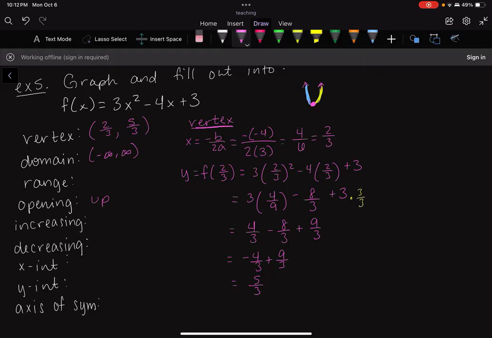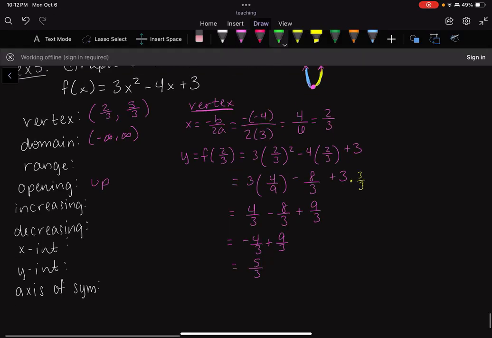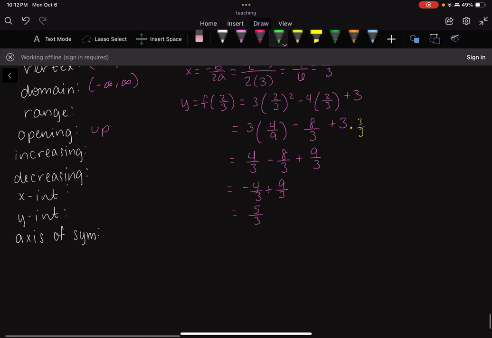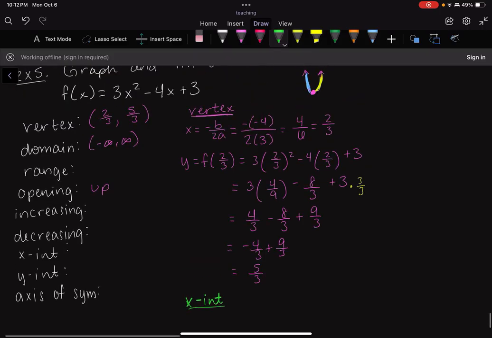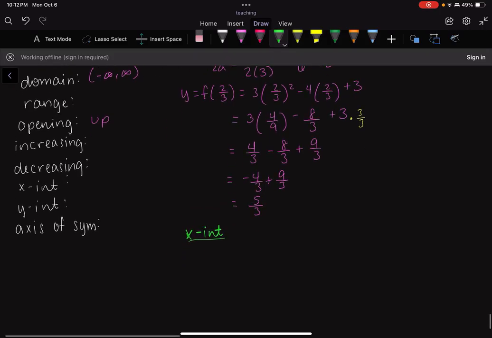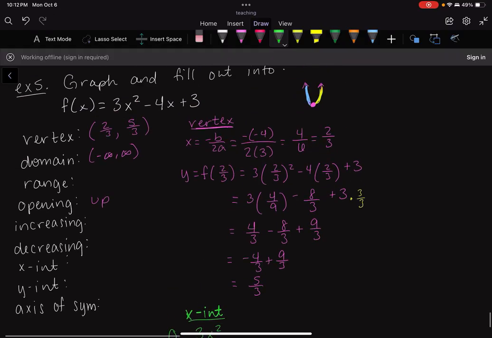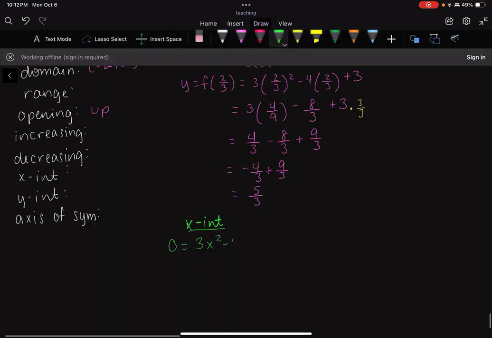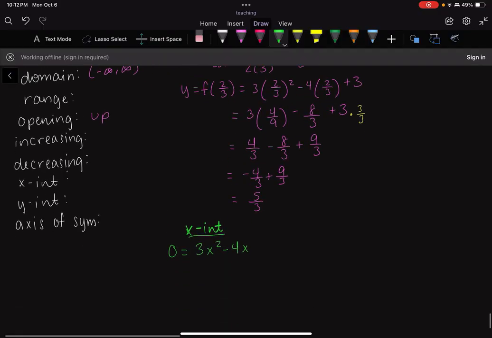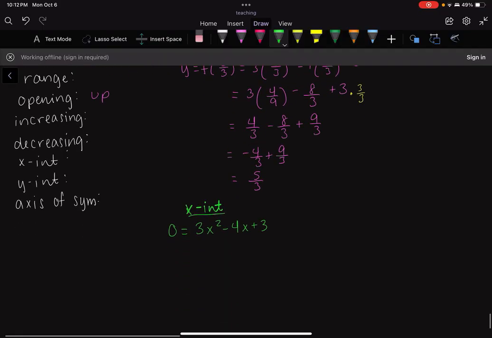My x-intercepts and y-intercept, let's go get those. My x-intercepts. So remember, x-intercepts happen when the y equals 0. So that's 0 equals 3x squared minus 4x plus 3.